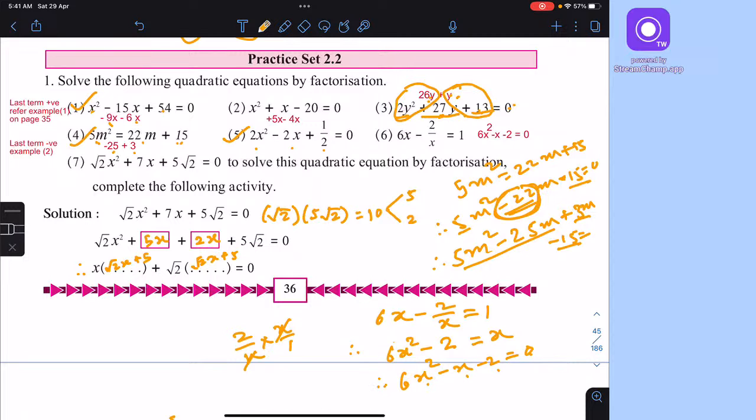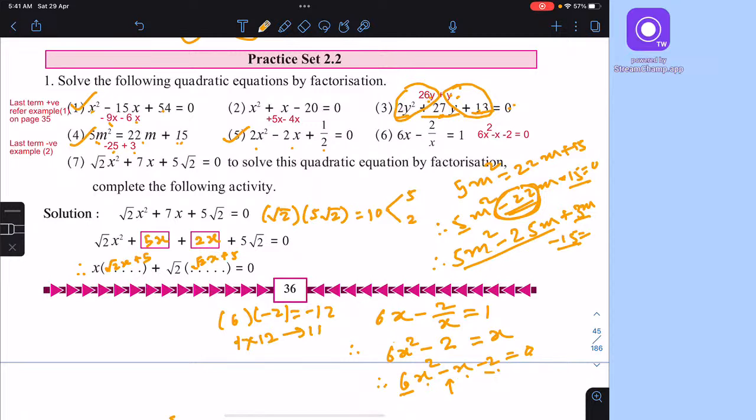Now the coefficient of x square is 6 and last term is minus 2. So product of 6 and minus 2 is minus 12. We want factors of minus 12 whose sum is minus 1. So if you consider 1 into 12, the difference is 11.